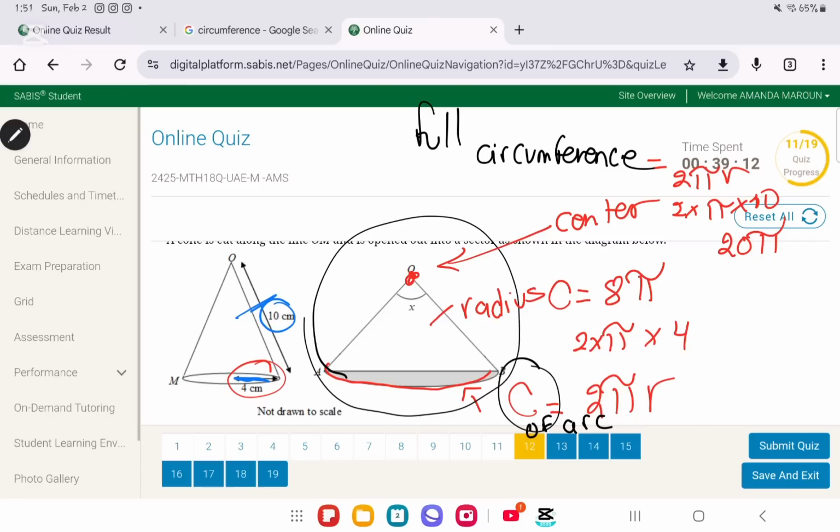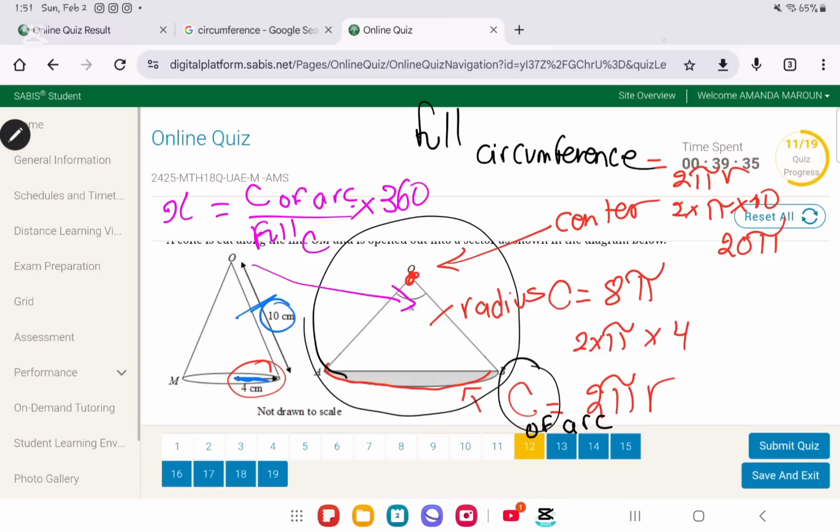Now here comes something that is like logic. Just remember this equation. This angle over here, we're gonna say x, is equal to the circumference of the arc over the full circumference multiplied by the total angle in a circle, which is 360.